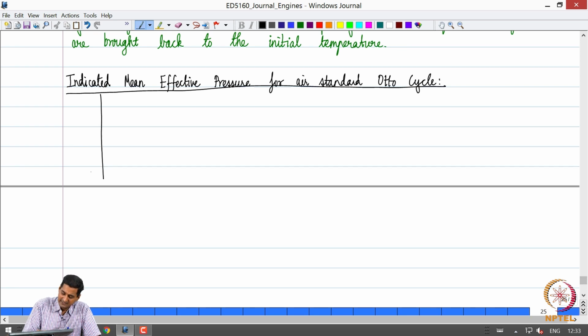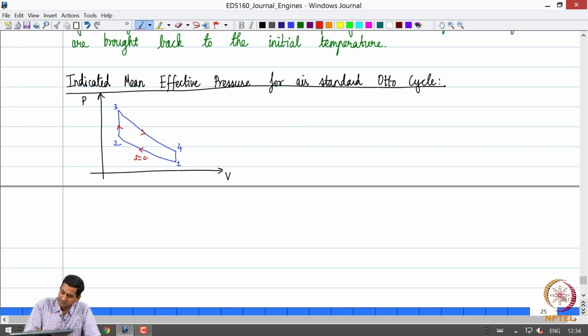So, just to quickly recap the air standard Otto cycle, the PV diagram looks something like this. So, this is state 1, 2, 3 and 4.